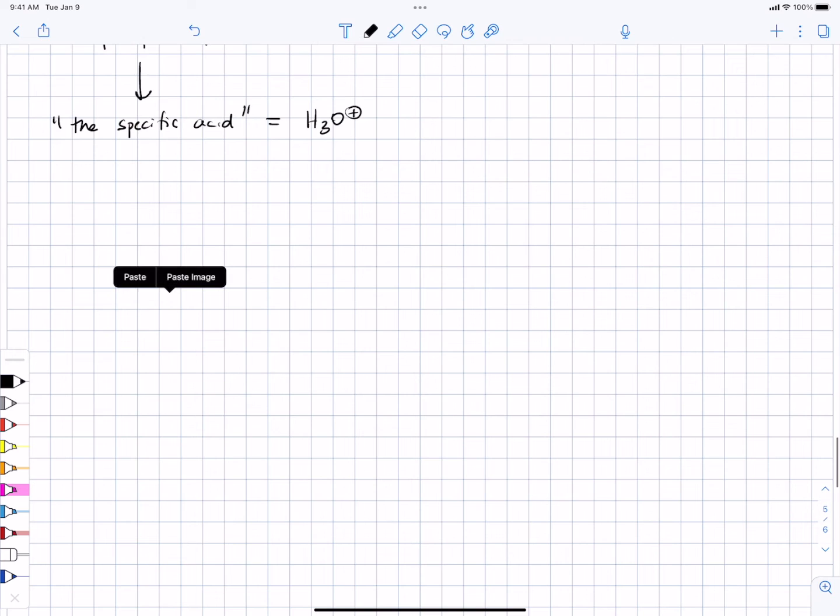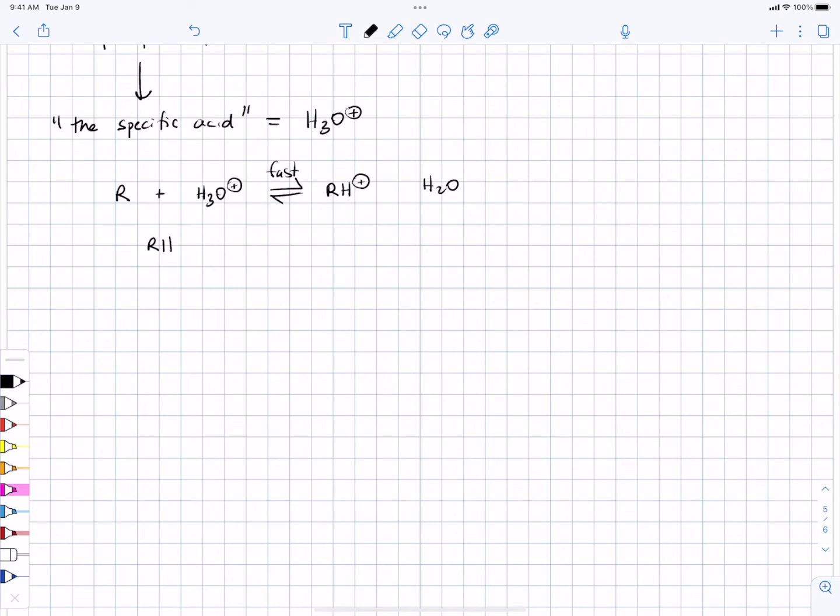Let's imagine a situation where you've got group R, and it's going to be protonated by H3O+, and that protonation step is going to be fast to give you the protonated form. And this should start to look familiar because we talked about this a little bit when we were dealing with deriving rate laws.